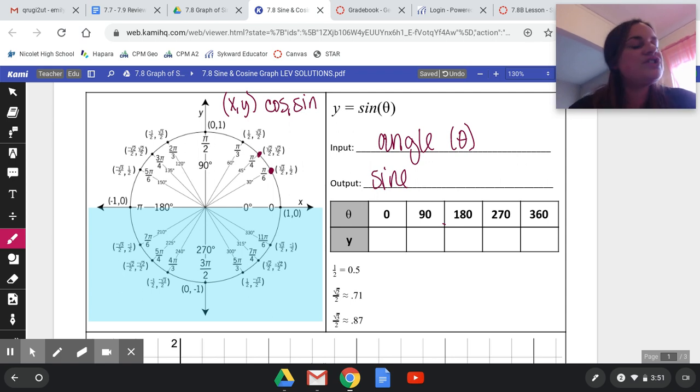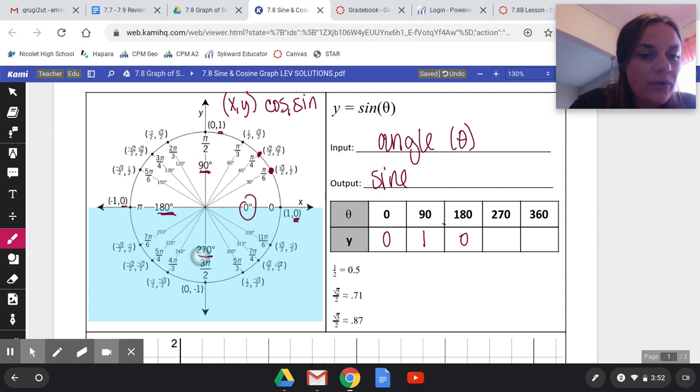So let's start by just filling in a table. At 0 degrees, my y value, my sine, is 0. Moving around the unit circle, 90 degrees has a y value of 1, 180 degrees has an output of 0, 270 has a y value of -1, and at 360, we're back at 0.